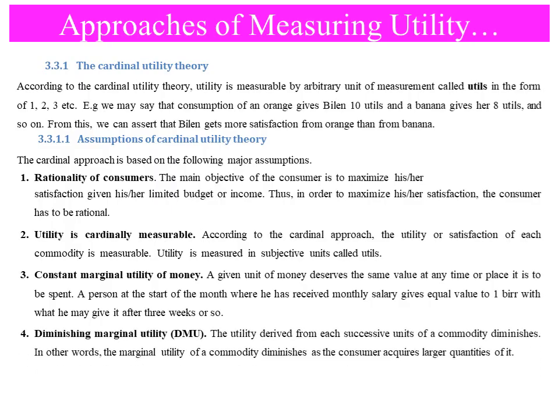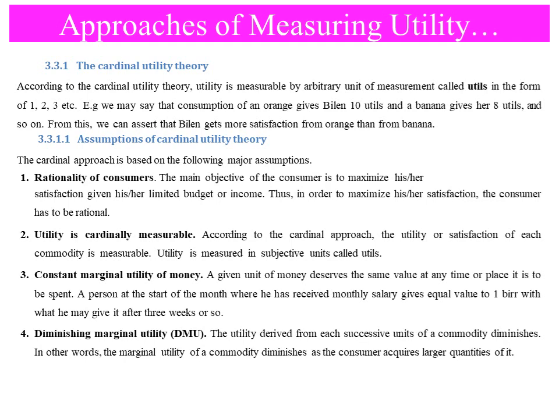The fourth, diminishing marginal utility. The utility derived from each successive unit of a commodity diminishes. In other words, the marginal utility of a commodity diminishes as the consumer acquires a larger quantity of it. All of this will be observed from the following diagram or from the following paragraph.